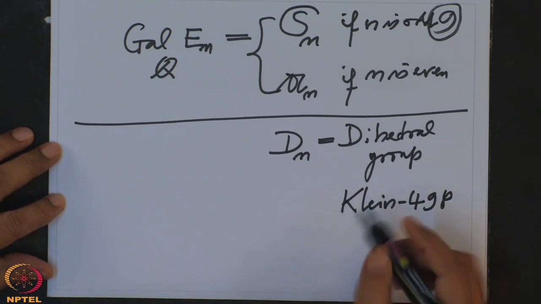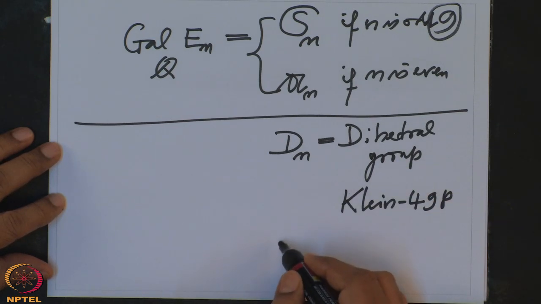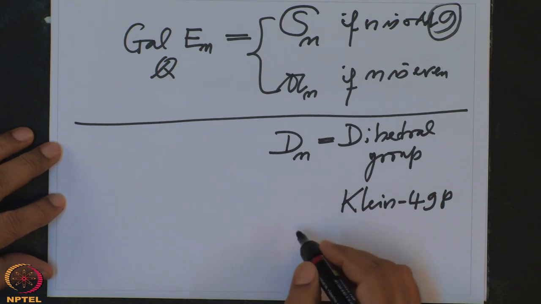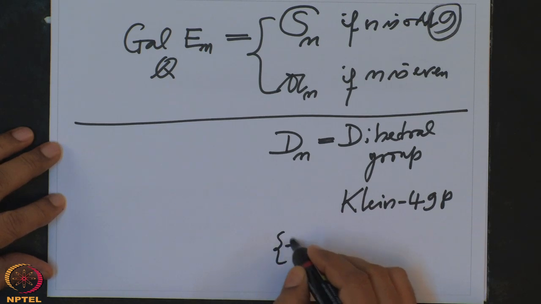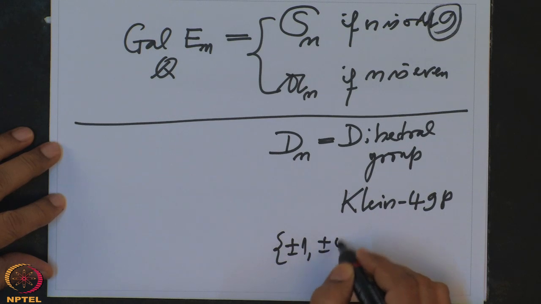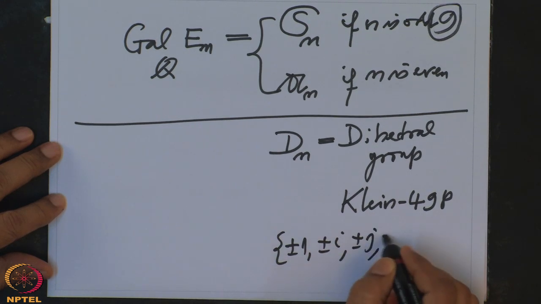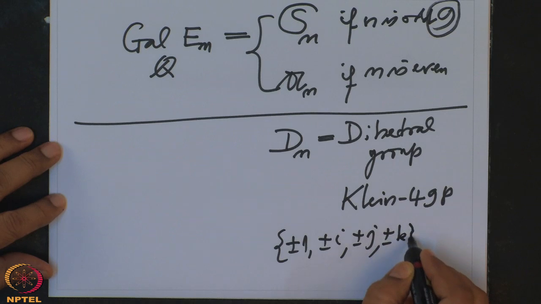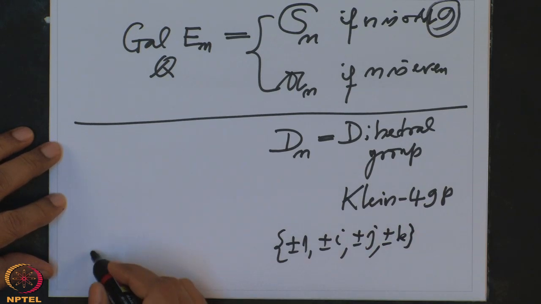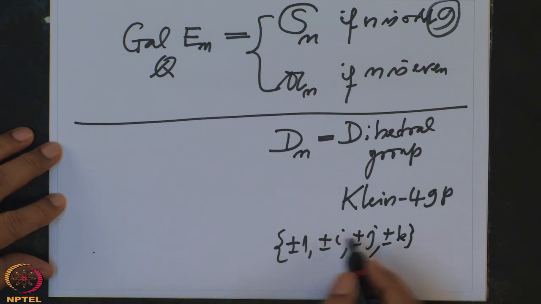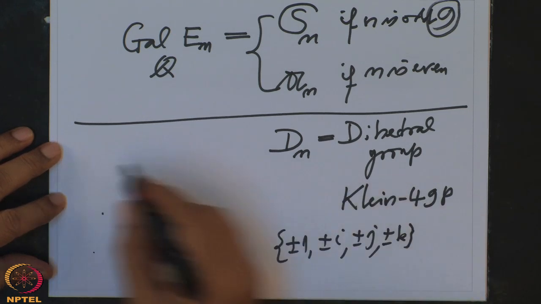Klein 4 is simple because it is order 4. Or the quaternion group, plus minus 1, plus minus i, plus minus j, plus minus k. This quaternion group is also an order 8 group. This is a non-abelian group, and what equation will you write down whose Galois group is this, and so on.